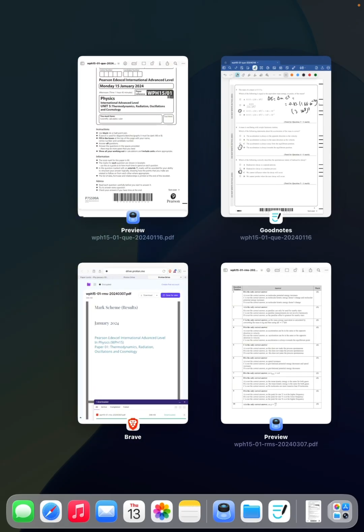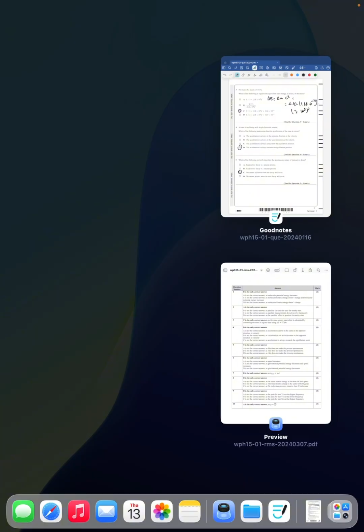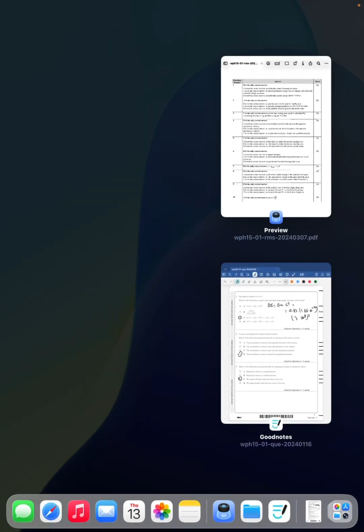So this is the mark scheme. For 5, they say C is the only correct answer, like we did, and then they say that A is not correct because this does not make the process spontaneous. Okay, they provide the same answer, so no more insights.